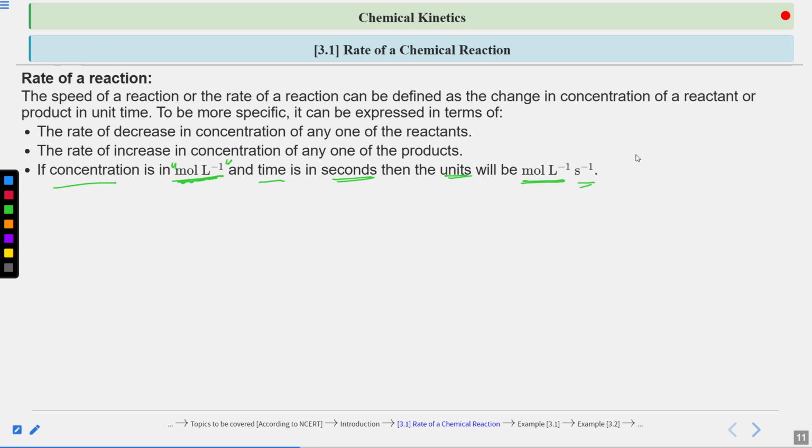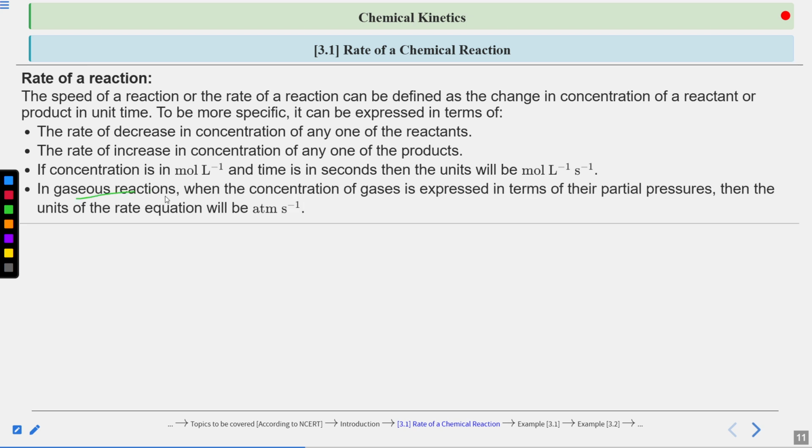That means change in concentration divided by unit time, how much concentration is changing in unit time. So the concentration unit is mole per liter, and the second, which is the unit of the time, which is already in the denominator, will go in the numerator and become minus 1, so second inverse. So this is the unit for the rate of a chemical reaction.